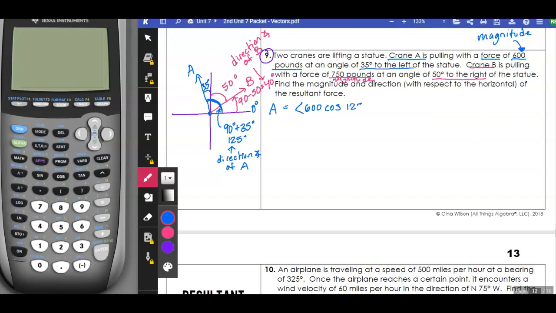So our direction angle is 125, comma, the magnitude times sine of the direction. So we do in our calculator 600 cosine 125, negative 344.145. I'm rounding to the hundredths so that the 5 makes the 4 round up to a 5. And then I do the same thing for the y value, but I use sine. So I have 491.49.